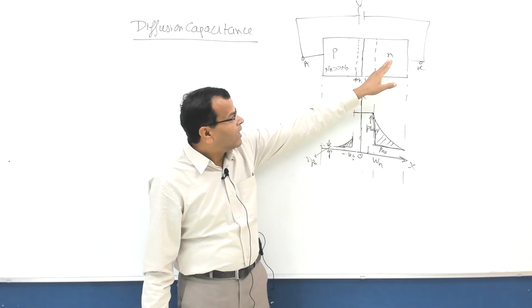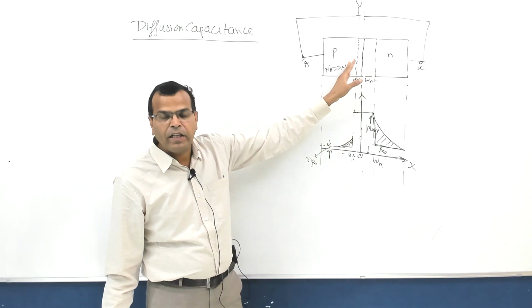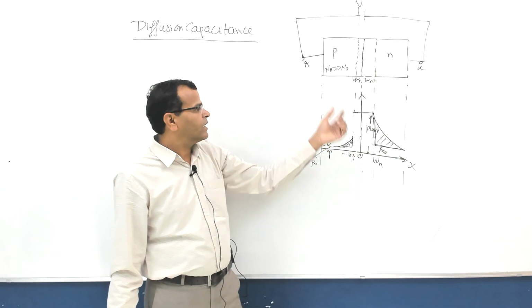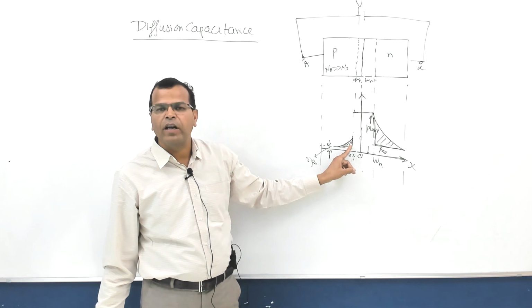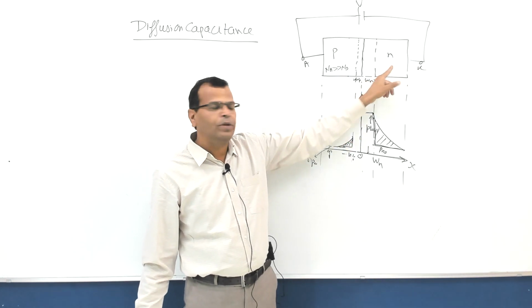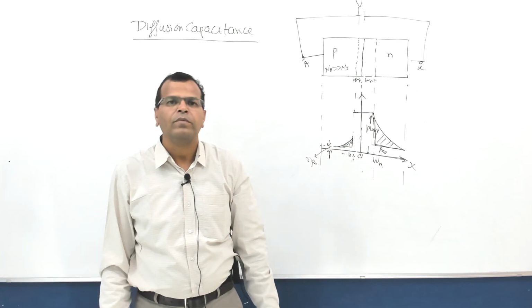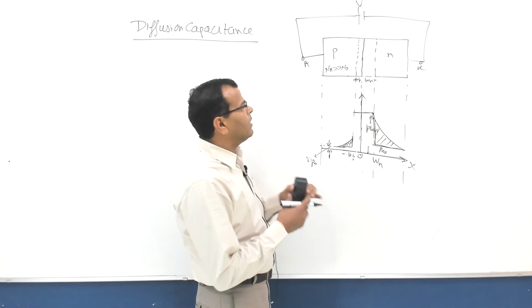Similarly on this side, electrons are injected from this side to this side, so this is called minority carrier injection. But since this is lightly doped, the concentration of electrons is not to that level. Now what is happening?